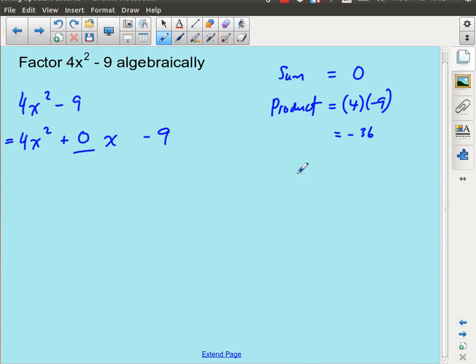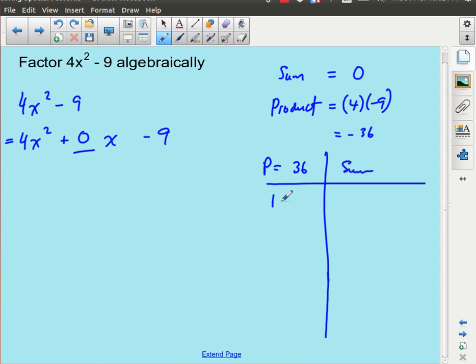Well, let's think about numbers that multiply to positive 36, but we want them to add to 0. And this time I'm actually going to do this the way I did it when I first introduced this idea.